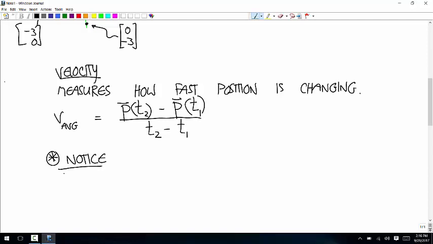In 1D, the velocity vector was always in the direction the thing was moving, and that's still true in 2D and 3D also. So first, notice that the velocity vector always points in the direction that the object is moving.